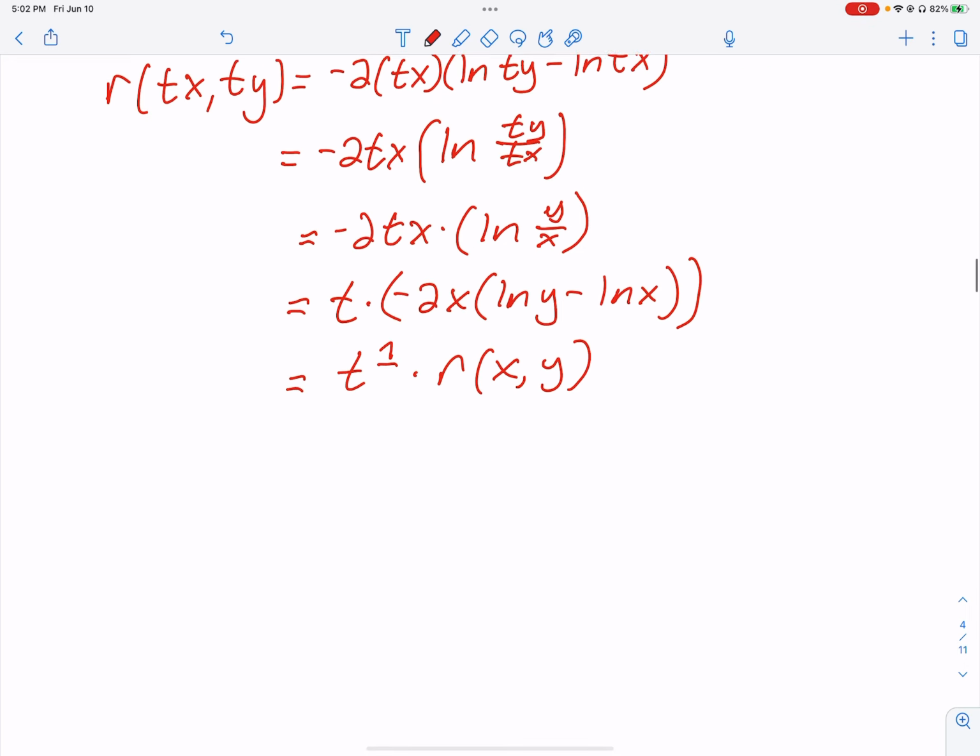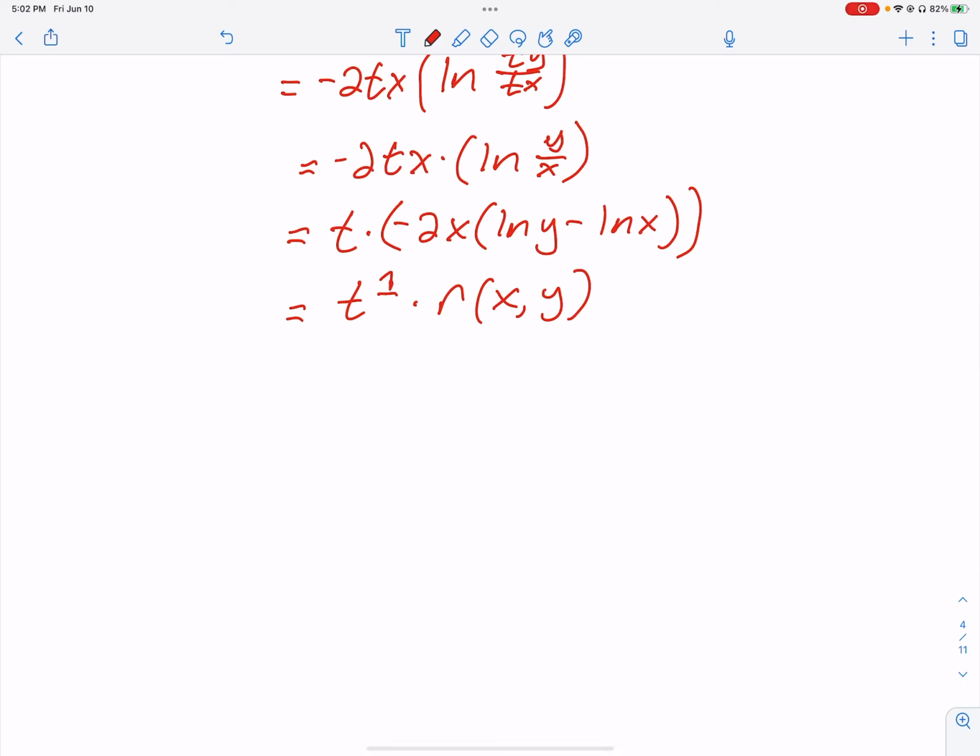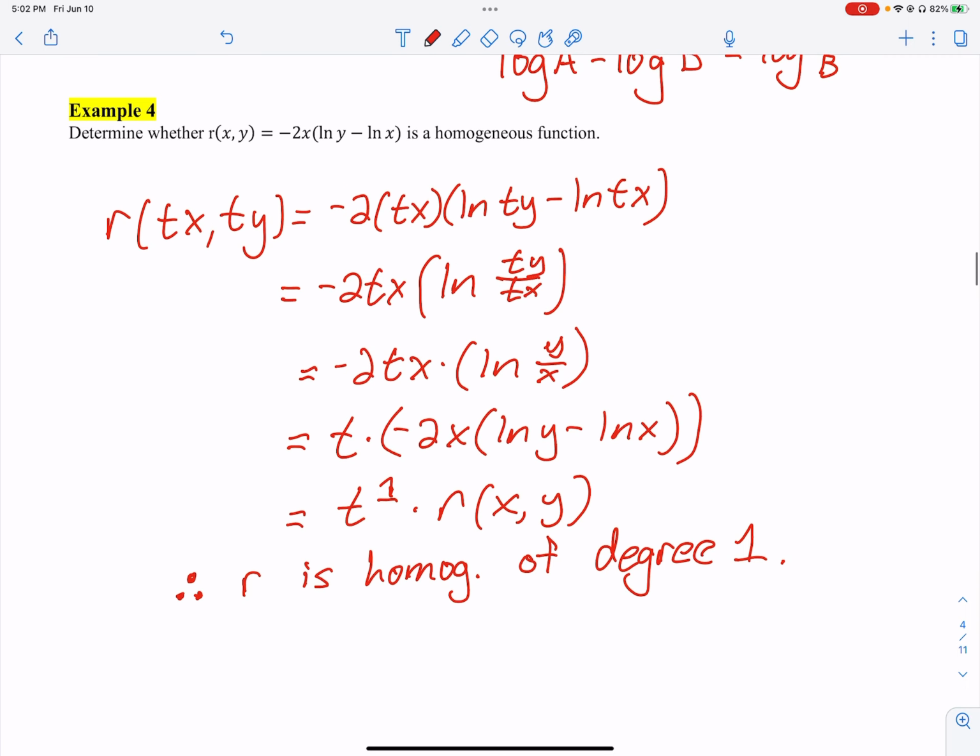All right, that's a 1, by the way. Okay, so therefore, r is homogeneous of degree 1. So that's how you show a function is homogeneous.